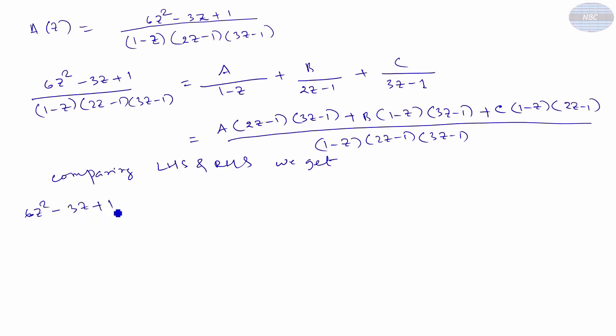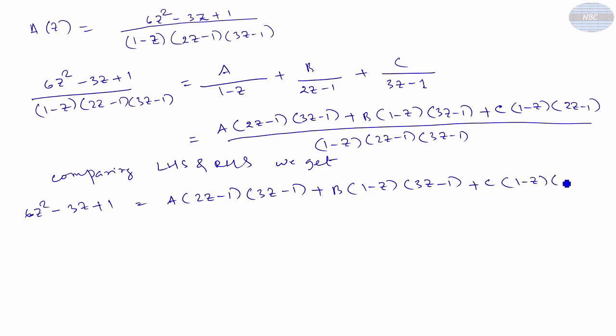This is the numerator of the left hand side, equal to the numerator of the right hand side, that is A into 2z minus 1 into 3z minus 1 plus B into 1 minus z into 3z minus 1, okay, plus C into 1 minus z into 2z minus 1. Okay, so now let us solve for the value of A, B and C.